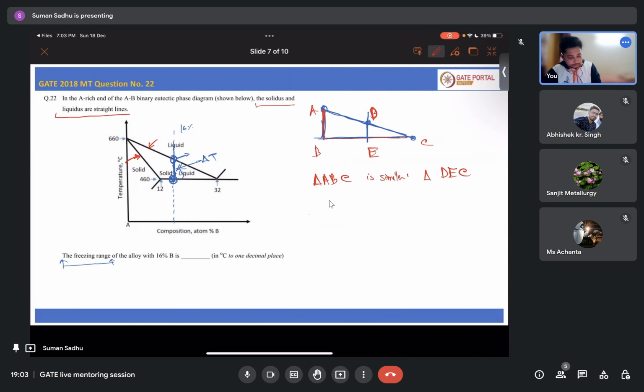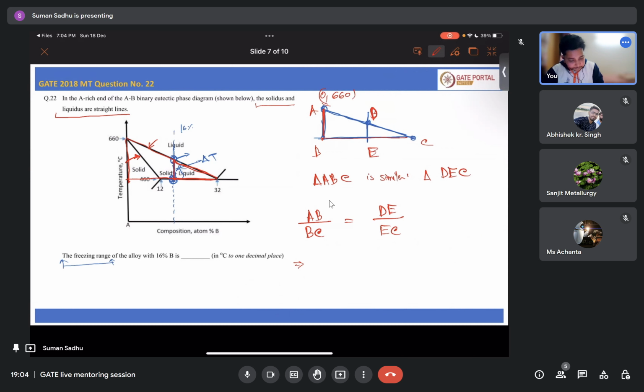In this case, at A, your temperature is 660 and composition is 0. At B, your temperature is 460 and composition is, let me write in terms of X and Y, 0 composition and temperature 460. And here you are extending this line basically. So this triangle, this one and this one.